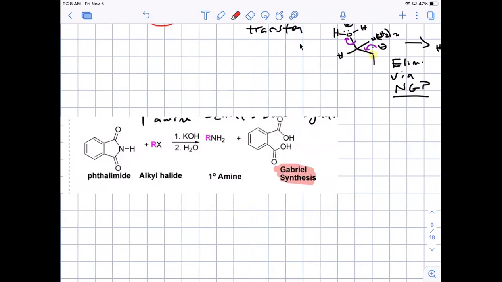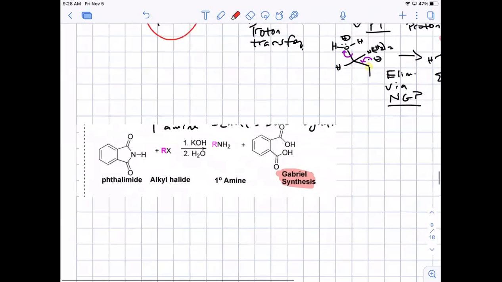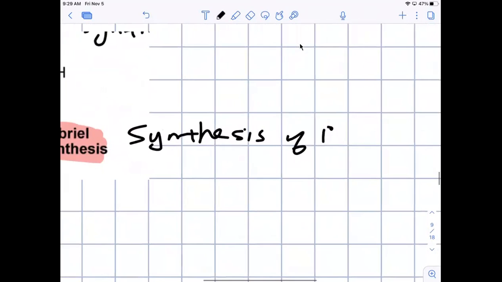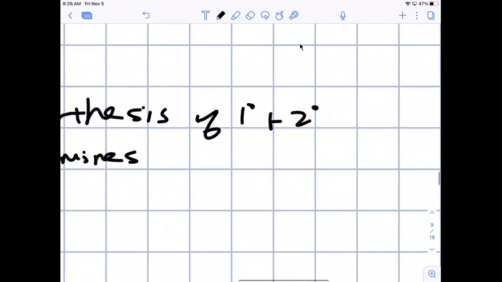It is a way to synthesize primary and secondary amines. That's what it makes, primary and secondary amines.